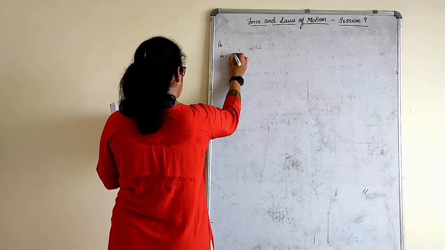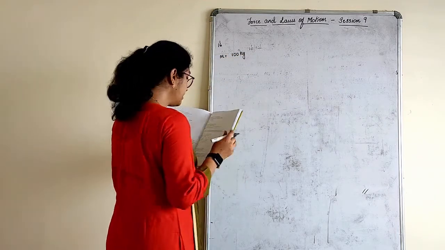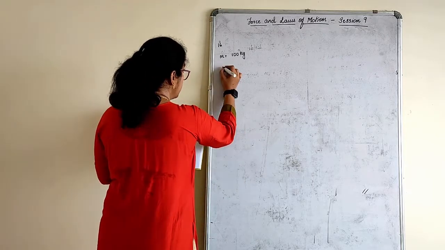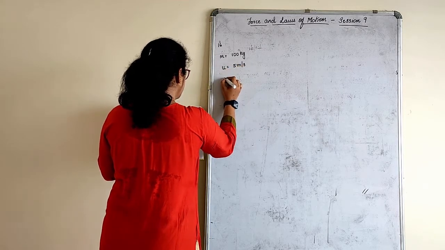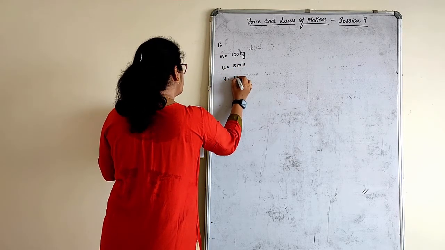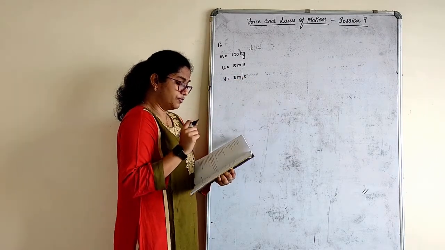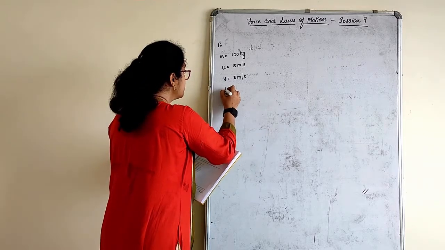Mass of an object is 100 kg, is accelerated uniformly from a velocity of u is equal to 5 meters per second to v is equal to 8 meters per second. Directly they have given, accelerated uniformly from 5 meters per second to 8 meters per second in 6 seconds.